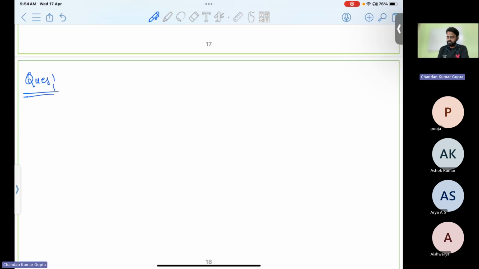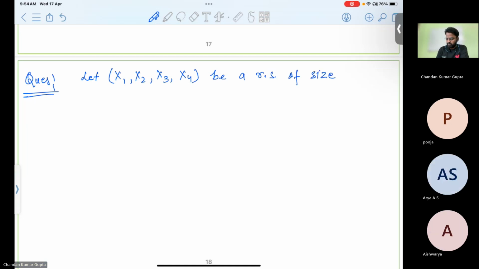The question is: let x1, x2, x3, and x4 be a random sample of size 4, from a normal population with mean mu and variance 2 square. That is 4.